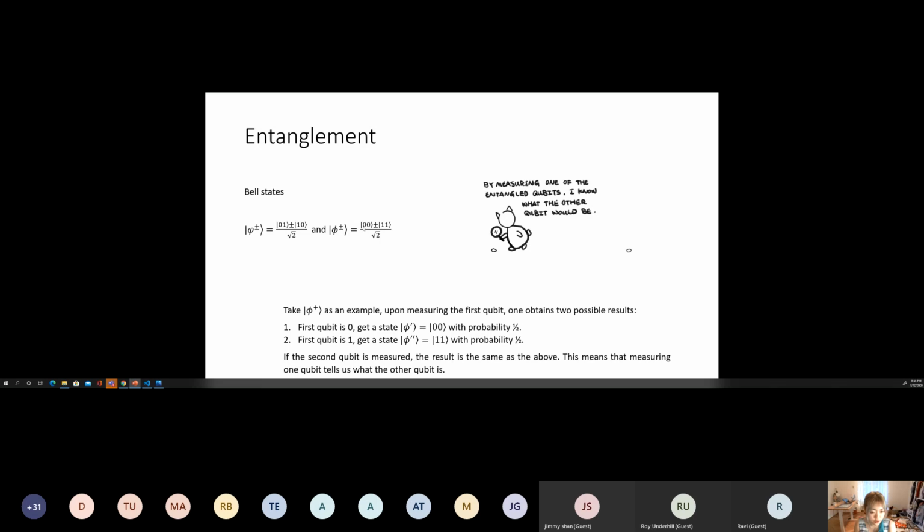If you measure your first qubit to be 0, then you know there's no way that your second qubit will be 1, because this state is what's contributing to it. So you would know that you would measure the second qubit being 0. Equally, if your first qubit is 1, you would know your second qubit is 1. So this is what entanglement is. You know that your two qubits are correlated. The results are correlated.